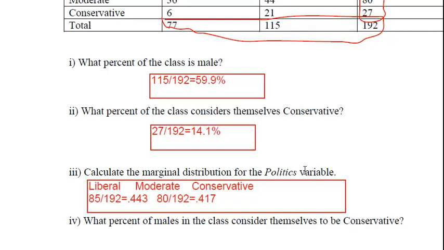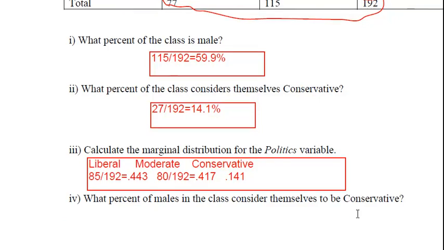And for my conservatives, we already did that. It's 0.141. And like I said, you can leave it as proportion or percent. It doesn't matter. When I say distribution, that means the breakdown or the percent that fall into each category. So the distribution of politics would be the percent that fall in each category of politics.